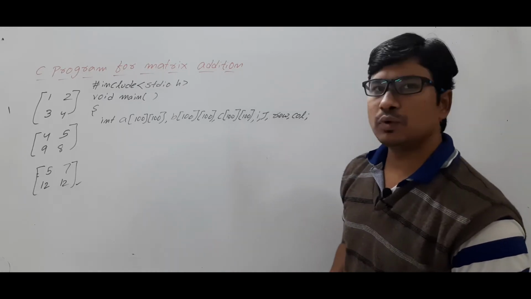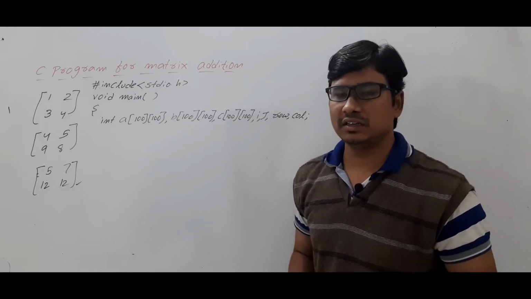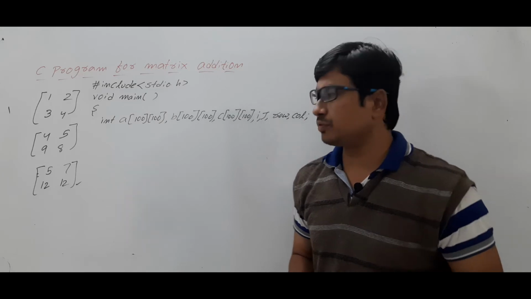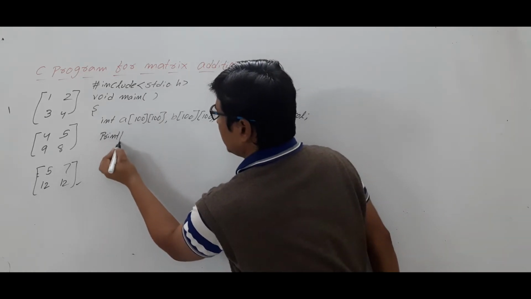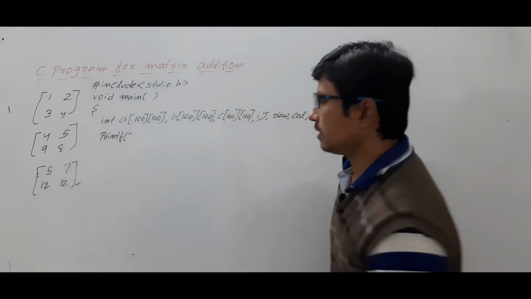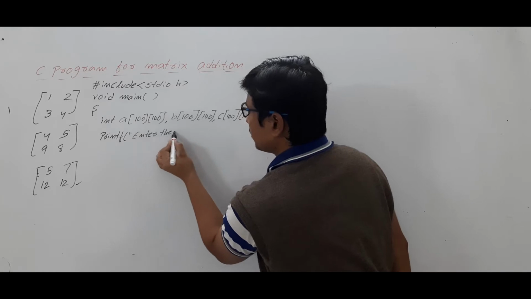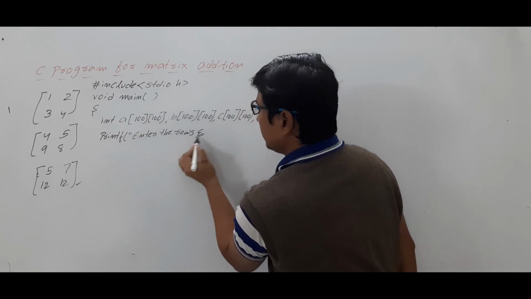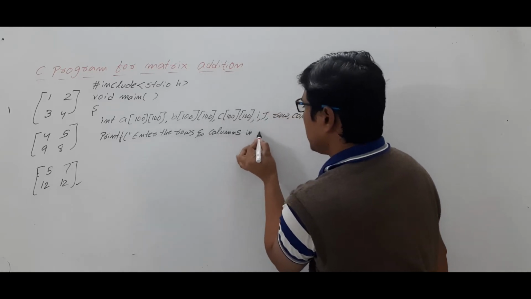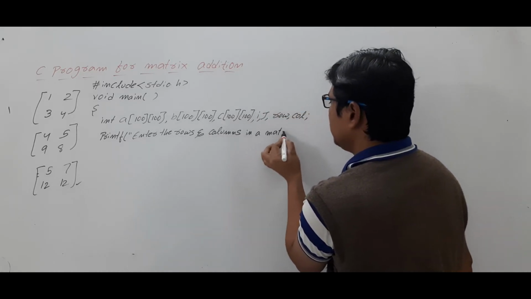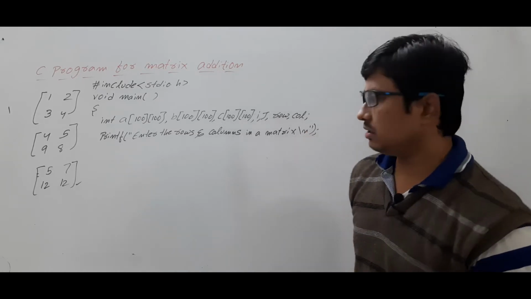First, what do I need to ask the user to enter? I should ask the user to enter the number of rows and the number of columns. So I will write: enter the number of rows and columns in a matrix, and he should enter any value between 1 and 100.